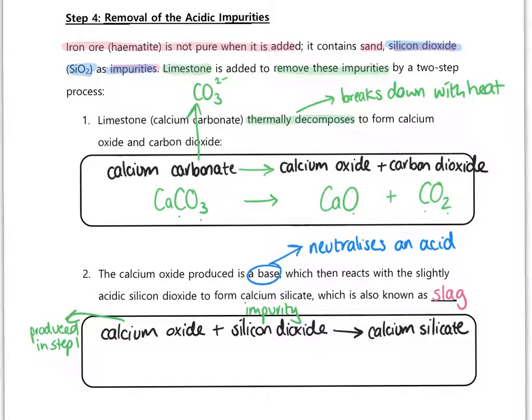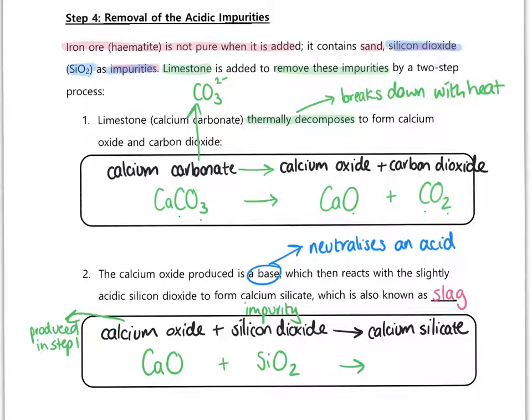Let's try and write the balanced symbol equation for this reaction. So calcium oxide, we saw in the equation above that it is CaO. It's reacting together with silicon dioxide. Again, remember that's just silicon, Si. Dioxide means O2, 2 oxygens. That's reacting together to form calcium silicate. The easy thing about this equation is essentially everything just merges together.